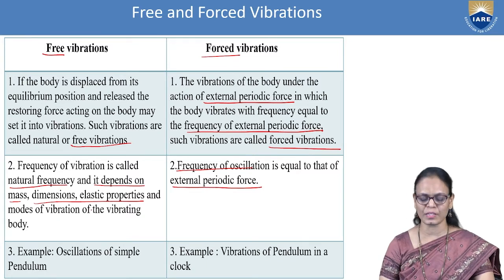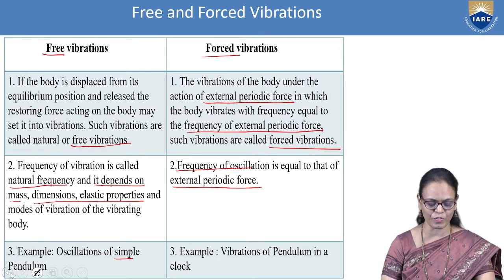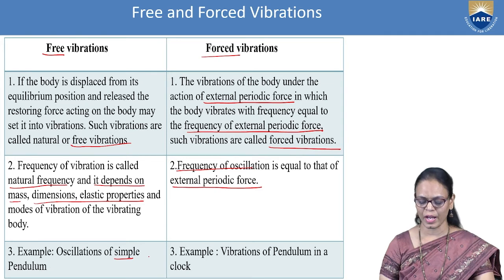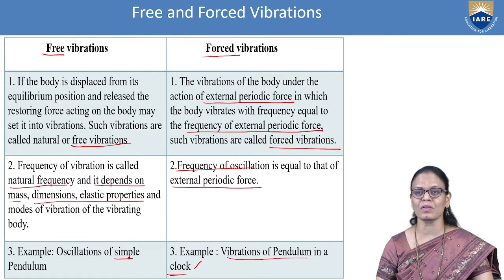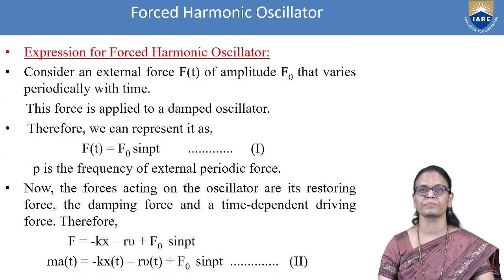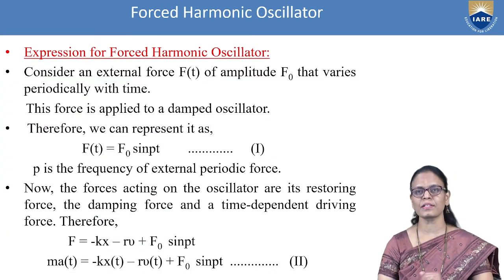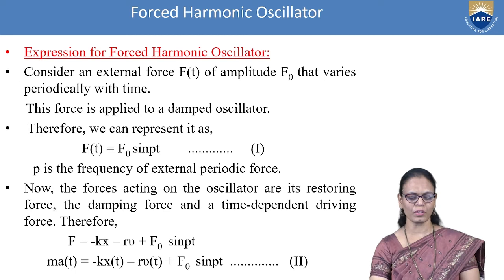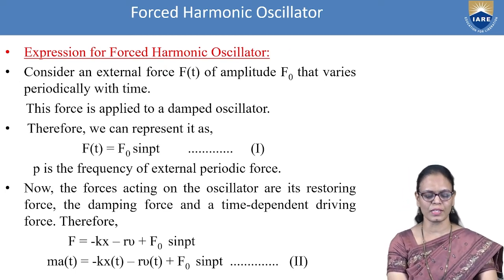The examples here are a simple pendulum for free oscillations, and the vibrations of a pendulum in a clock. In a clock, we are trying to sustain the oscillations, so they are forced oscillations.